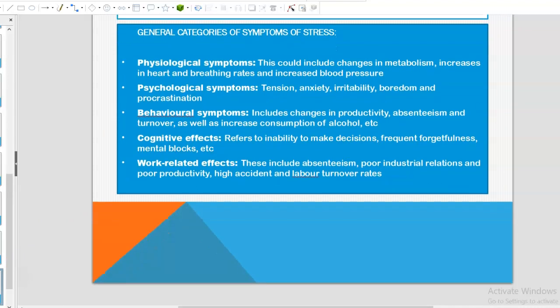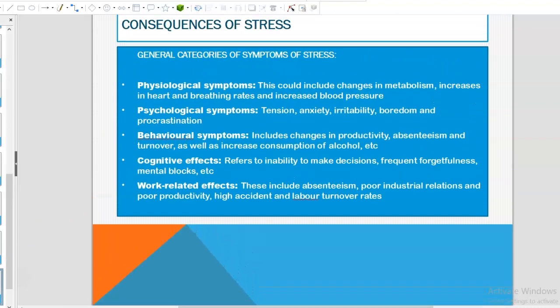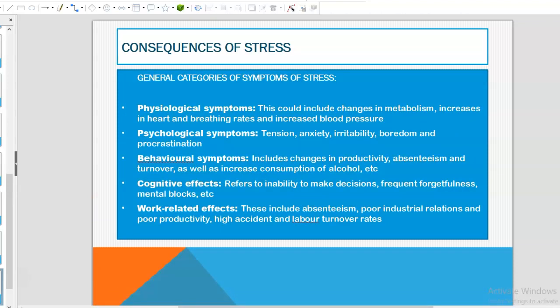Let's go to the second last slide, whereby we're going to talk about the consequences of stress. Now we describe the general categories of symptoms of stress. We have physiological symptoms.